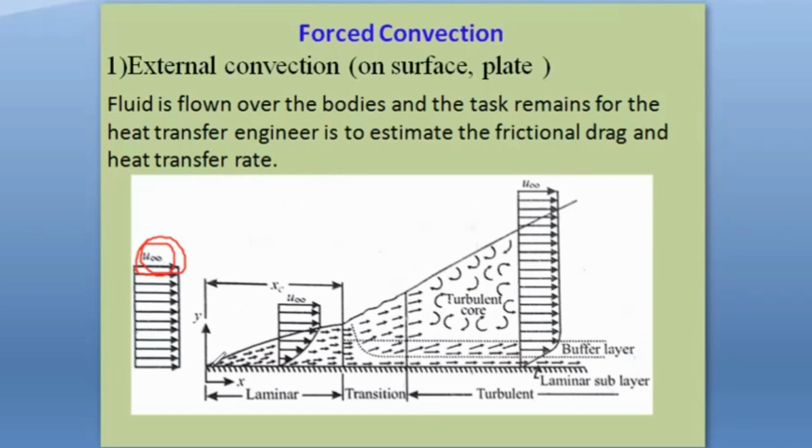So the velocity of the fluid becomes 0, but the surrounding is u infinity, so the velocity varies from 0 to the surrounding velocity. So such a layer is formed. That layer is called the boundary layer. Okay. Initially it is laminar, then becomes transition, and then it becomes turbulent later on.